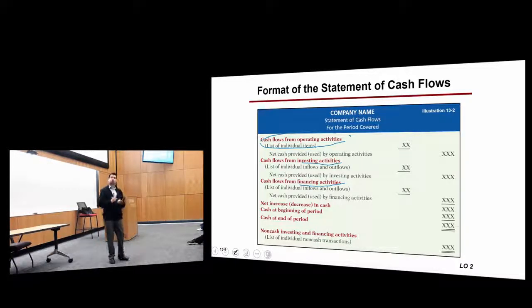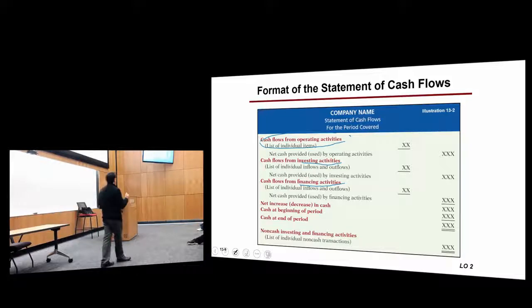After each one of them, you have net cash provided by or used by, because it could be net cash that was used by operating activities, right? If you had more cash outflows than cash inflows, you have cash used by operating activities.